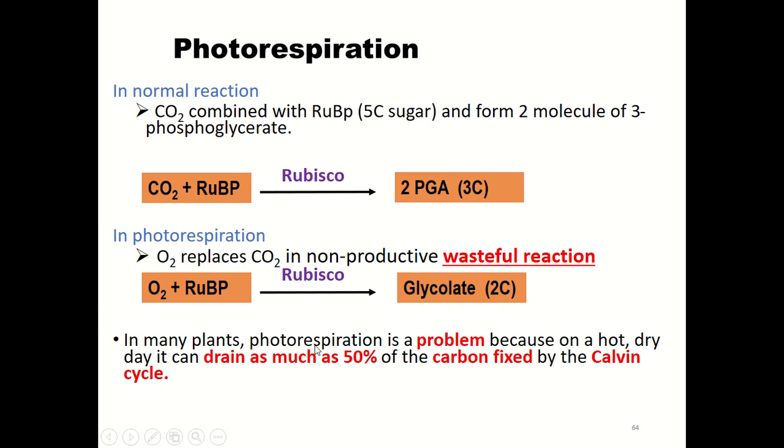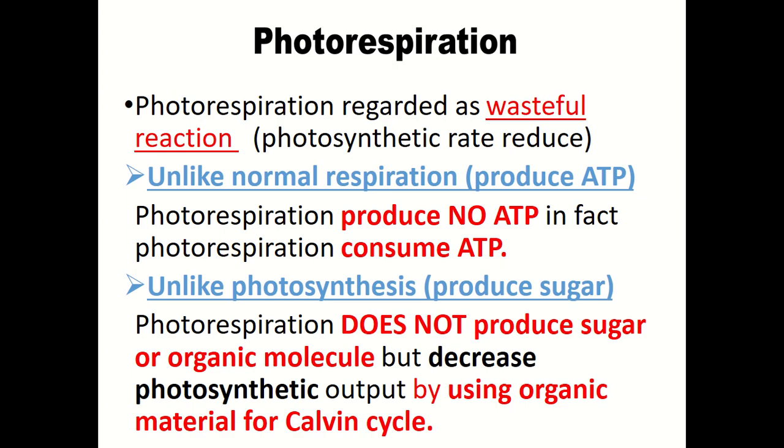So in many plants, photorespiration is a problem because on a hot, dry day, it can drain as much as 50% of the carbon fixed by the Calvin cycle. So photorespiration is a very wasteful reaction because it does not produce ATP.